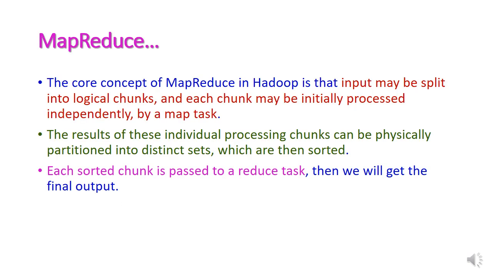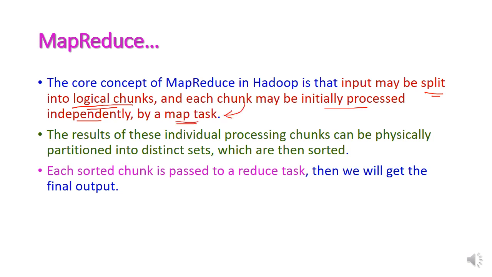So here the core concept of MapReduce programming in Hadoop is, first, the input may be split into large logical chunks, and each chunk may be initially processed independently by a map task.